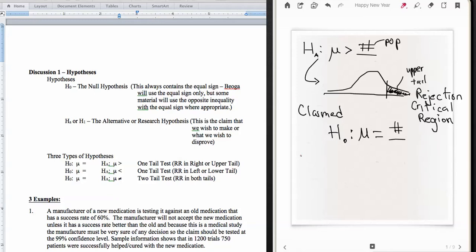In this lower tail test, we have our alternative or our claimed hypothesis being that mu is less than some number from the population. And we're going to set this up as being a rejection region in the lower area. So this is our rejection region, RR is what I'm going to call that. And this is a lower tail test.